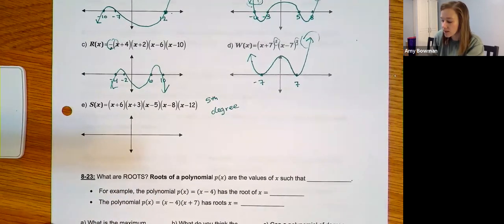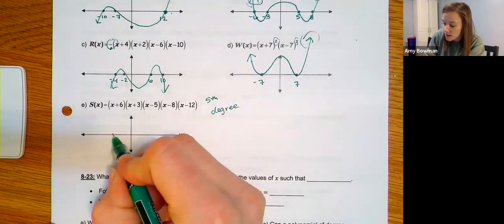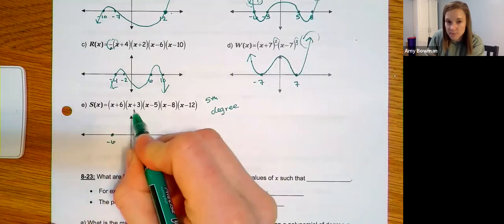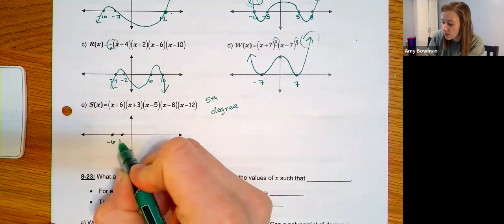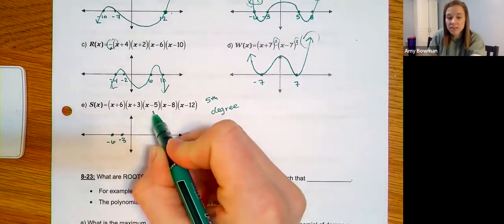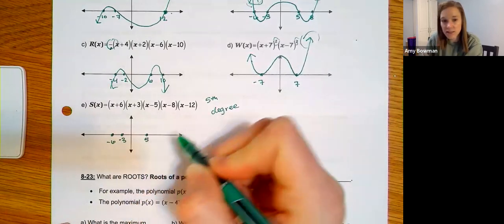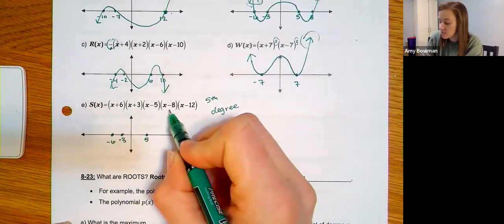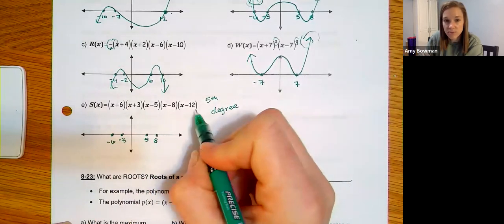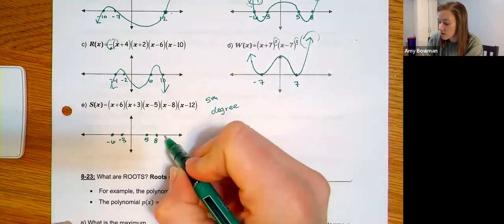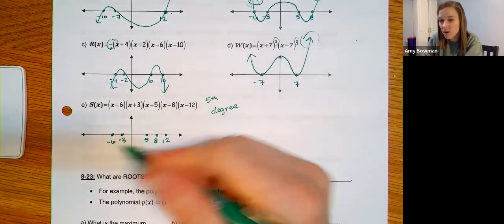So if x plus 6 is a factor, that means I definitely have an x-intercept of -6. X plus 3 is a factor, which means I've got an x-intercept of -3. X minus 5 is a factor, so 5 is an x-intercept. X minus 8 means +8 is an x-intercept. And x minus 12 means +12 is an x-intercept. So we can at least plot all of these.